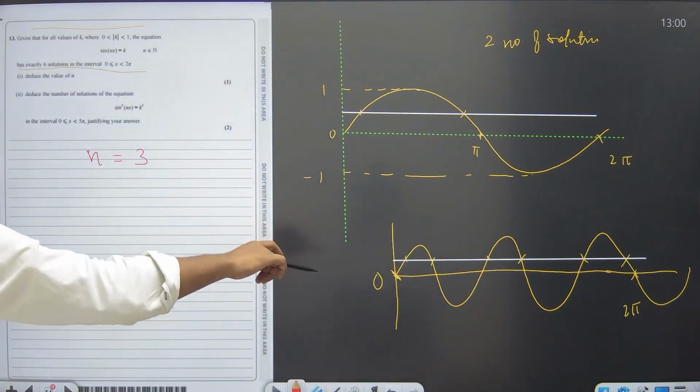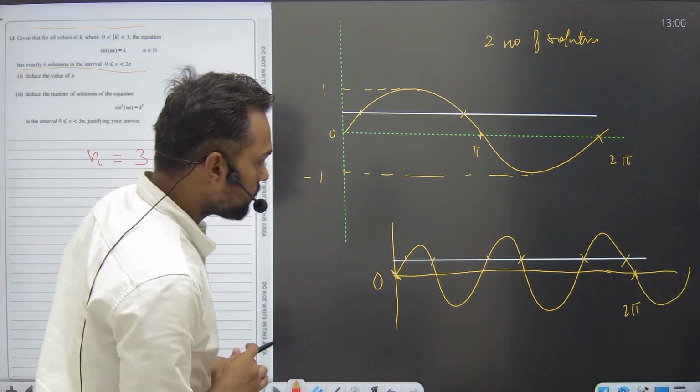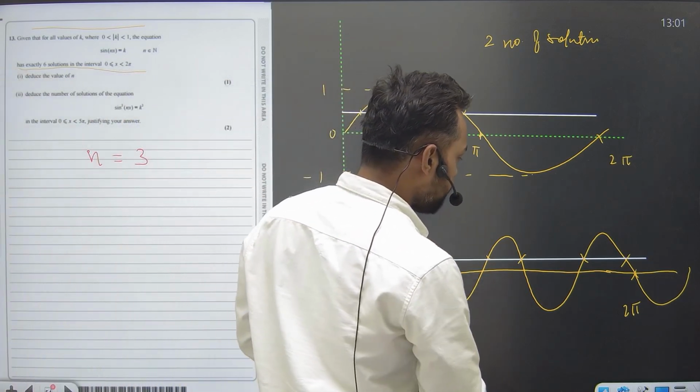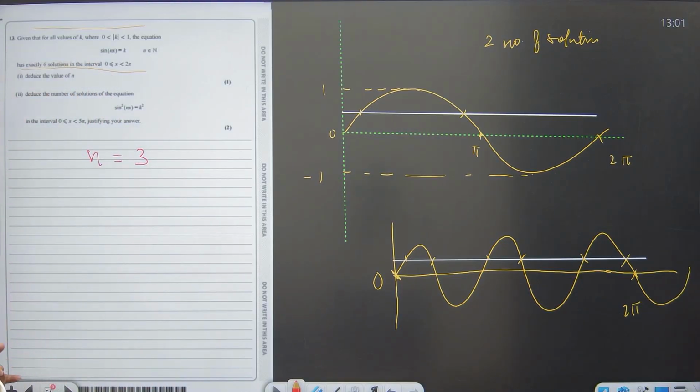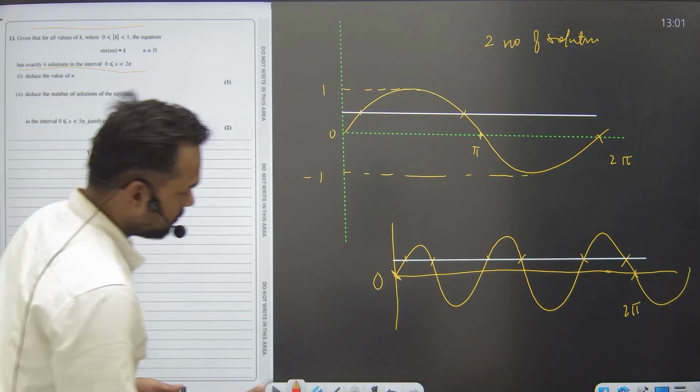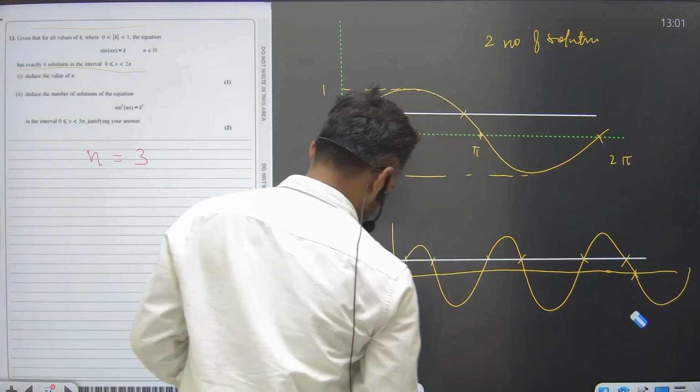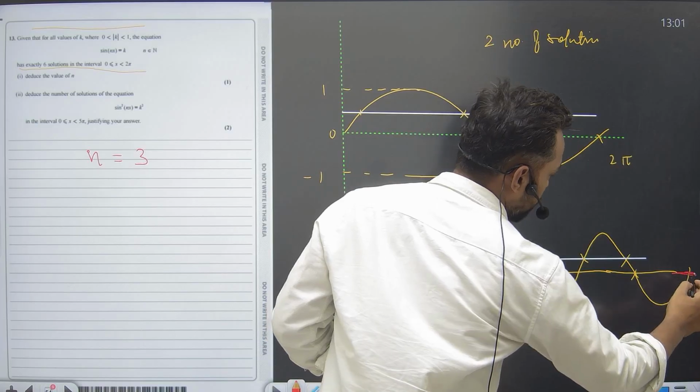Number of periods, if we are talking about 1. I hope it is visible to everyone. Here will be 2 pi, students, this part.